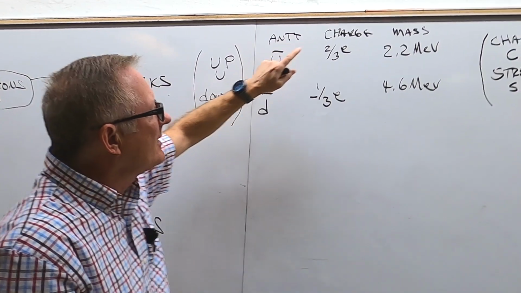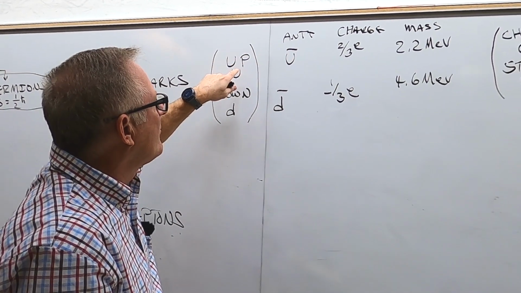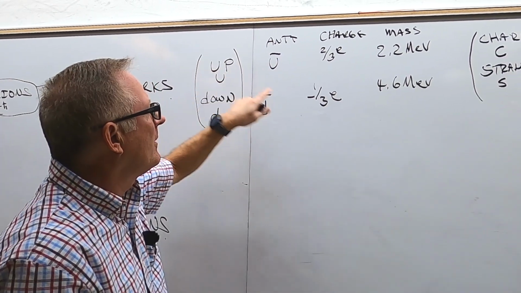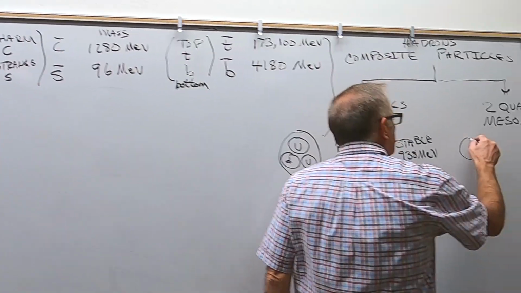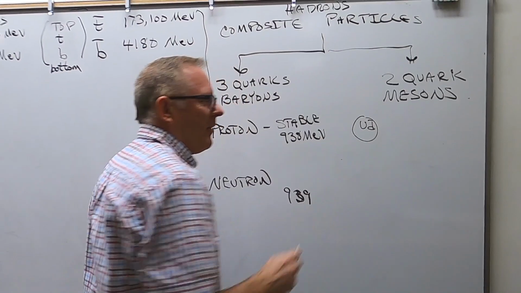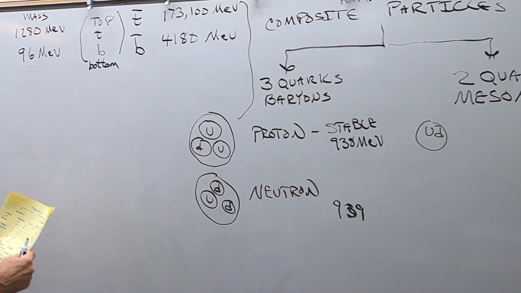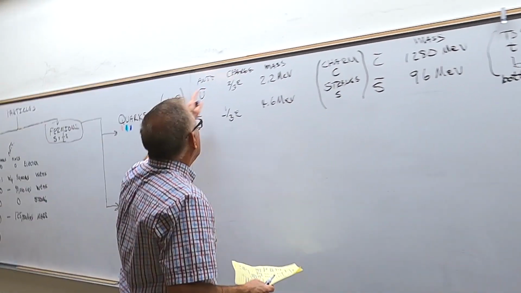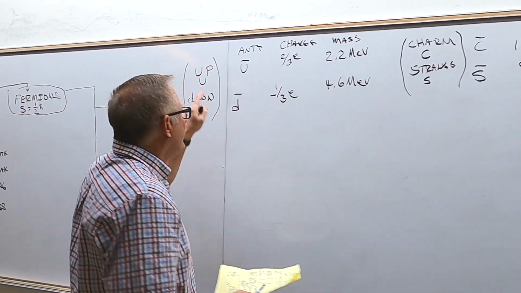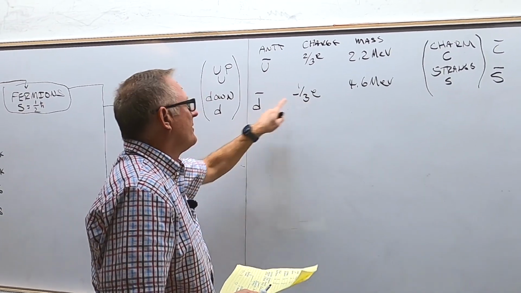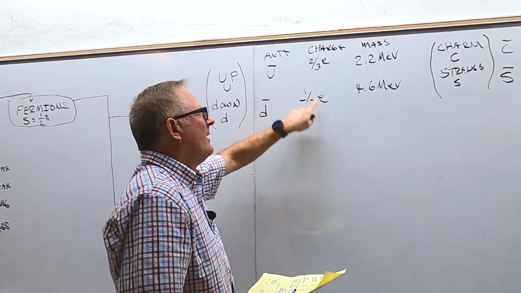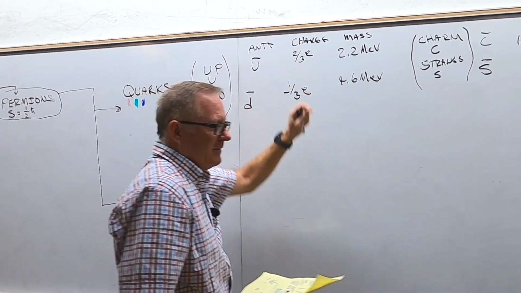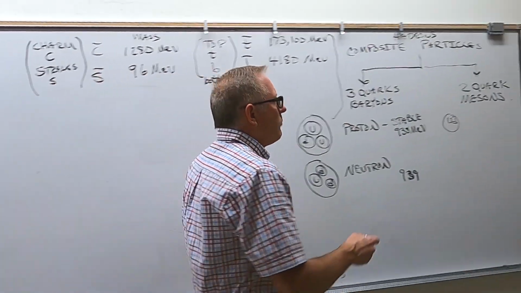If I have an up and an anti-down, the up has a charge of 2/3. The down has a charge of minus 1/3, but the anti-down has the opposite charge, so that's 1/3 plus 2/3 is 1. So this has a charge of +1.